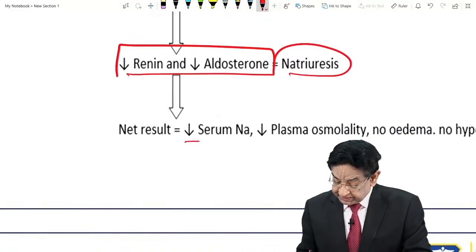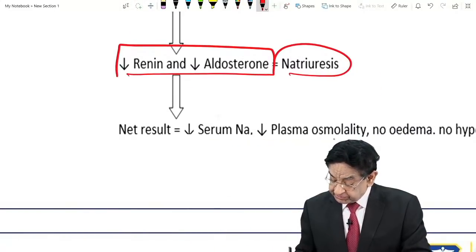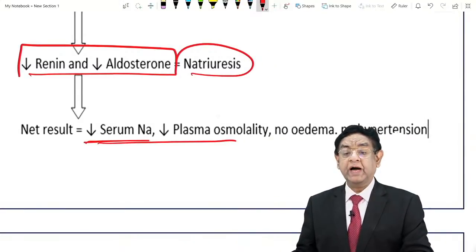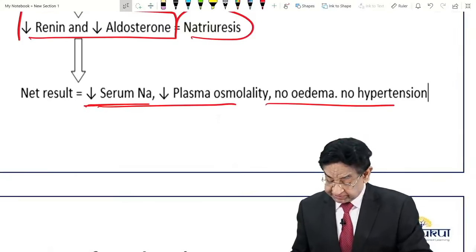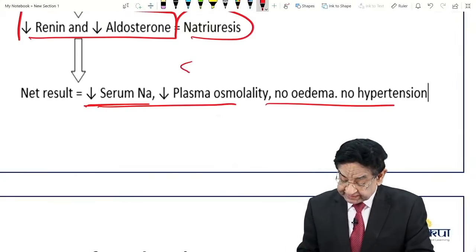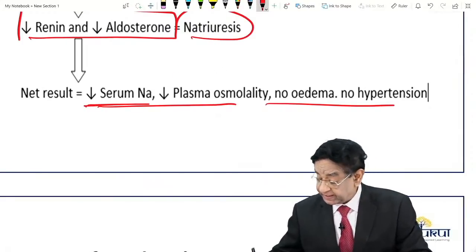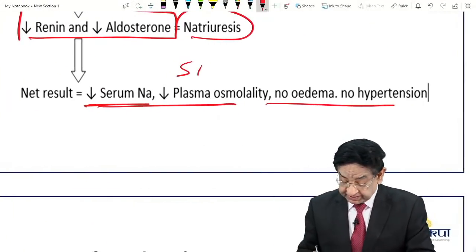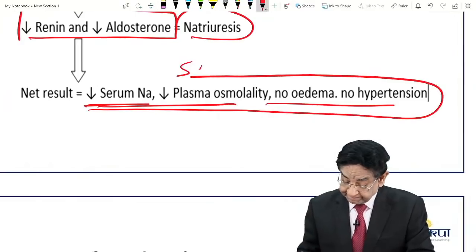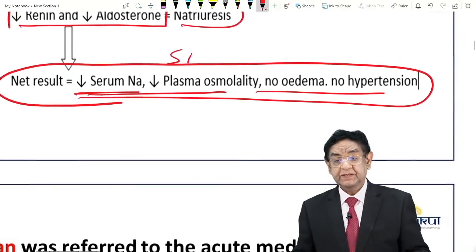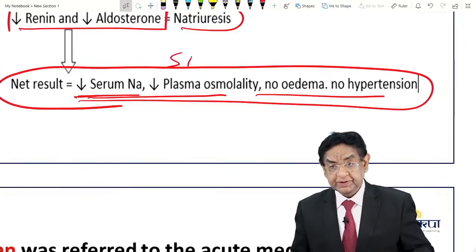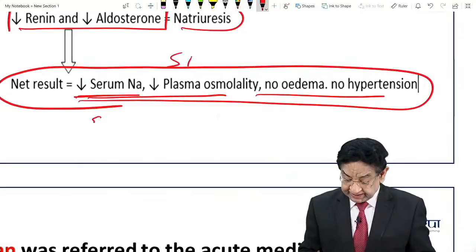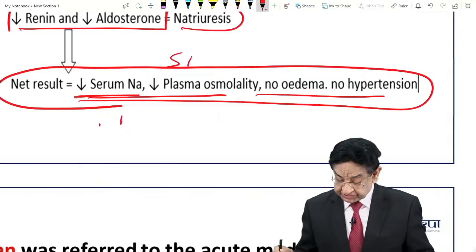Net result is reduced serum sodium, reduced plasma osmolality, no edema, and no hypertension. This is the net result, this is what we get in SIADH. Okay?